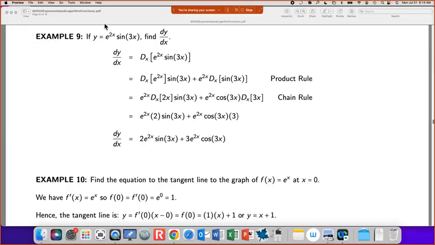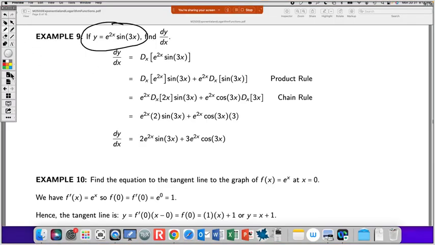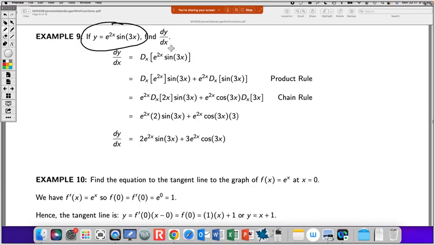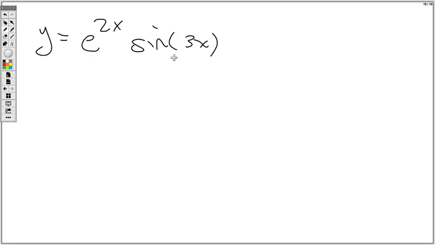Let's take a look at this function. y equals e to the 2x sine of 3x. So this combination is actually a pretty common combination.